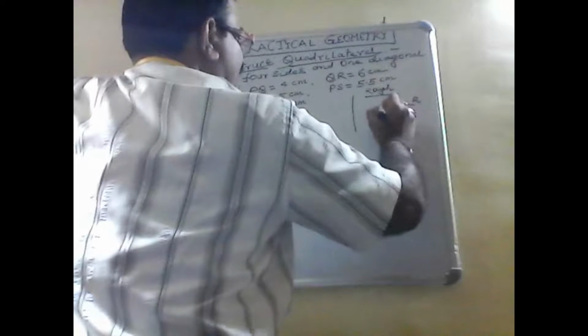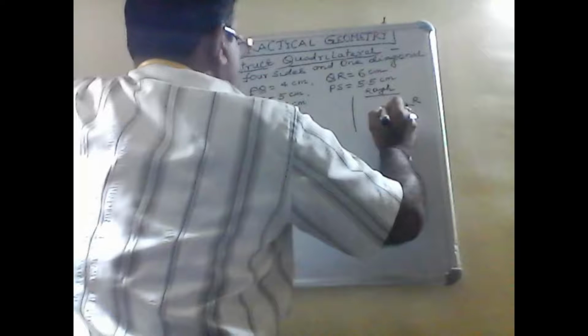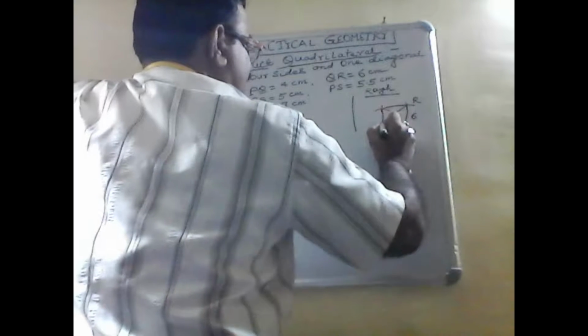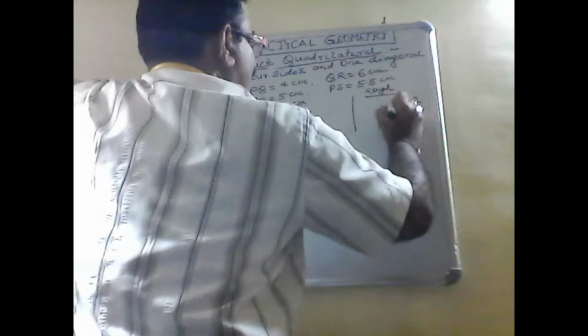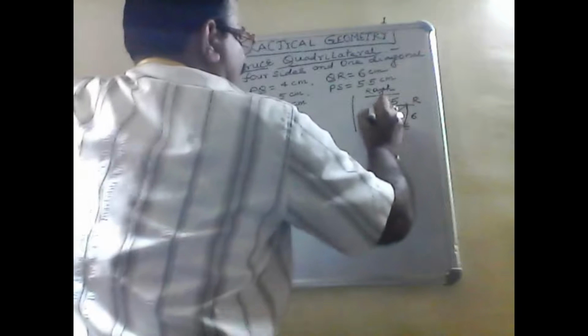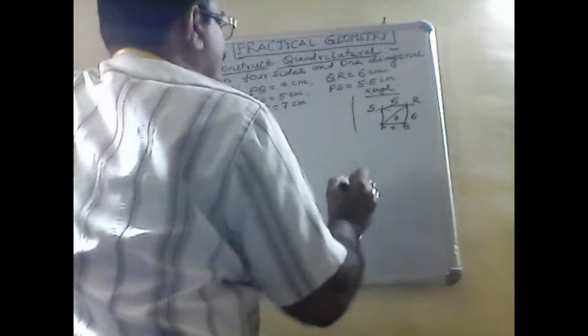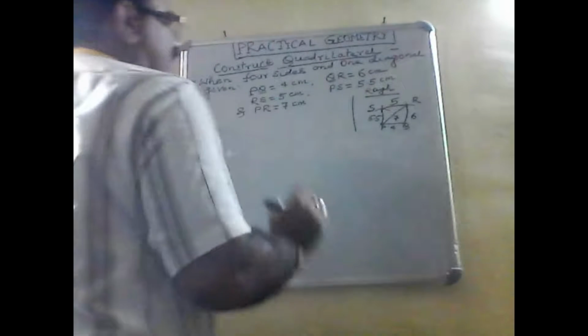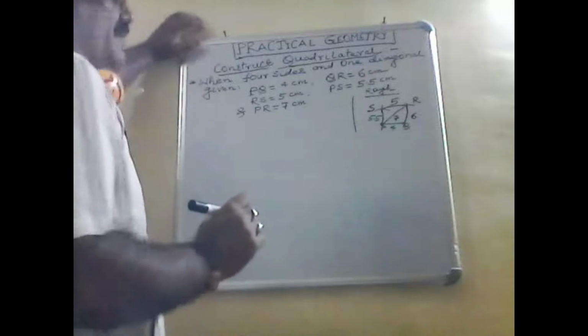So from here you cut an arc which is RS and join this one. This is RS 5 and this SP or PS is 5.5. So you can see this is the rough work for this one.